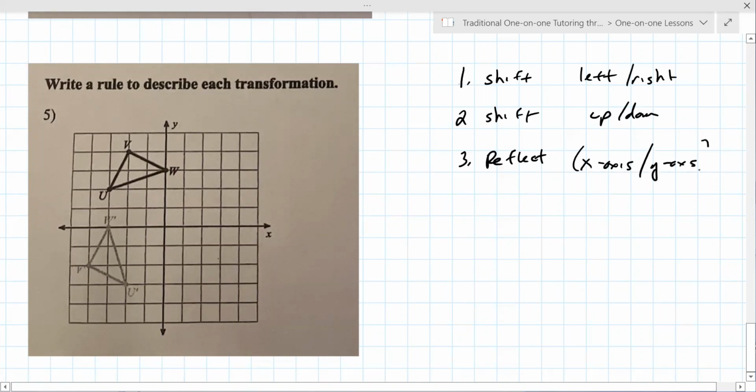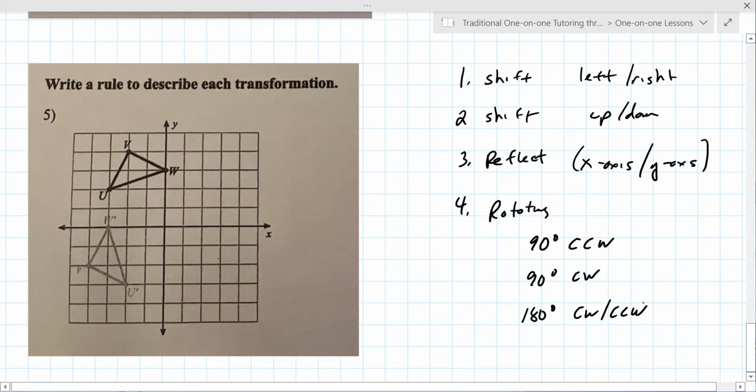We've only done an x-axis one, but you could reflect over either axis. And then the rotations, there's actually a bunch of rotations. The ones we've been doing today are 90 degrees counterclockwise, but there are also 90 degrees clockwise. And then there's 180 degrees clockwise and counterclockwise. They're actually the same. So I'm not trying to overwhelm you. I'm just trying to let you know there's a bit more here.